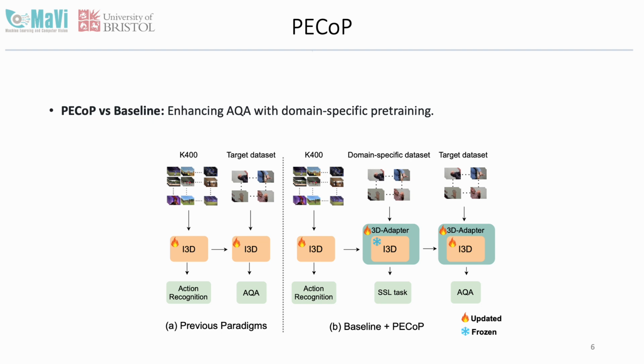In part B, our PECoP approach introduces an additional pre-training step. Here we only update a small set of 3D adapter parameters with domain-specific unlabeled videos, while the rest of the model weights stay frozen. Actually, this extra pre-training step helps to reduce the domain gap between the general task and the specific AQA target tasks.